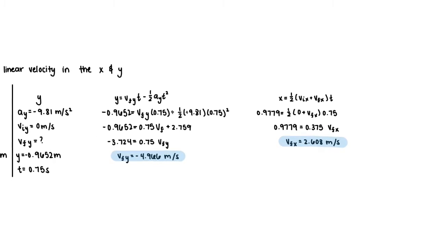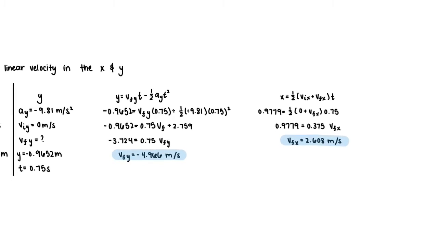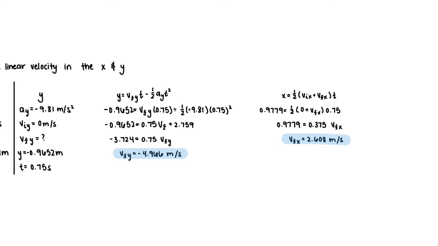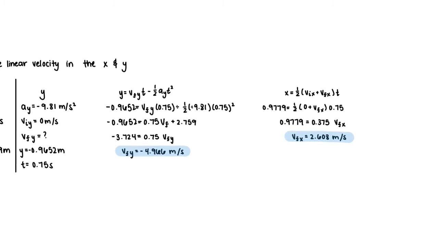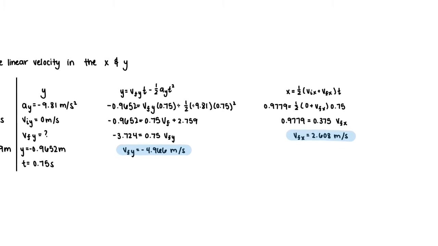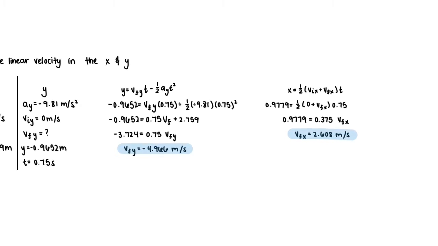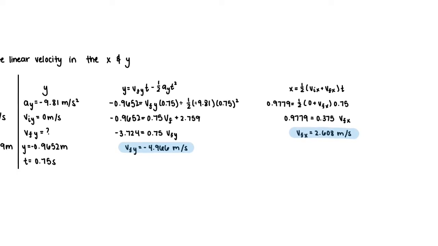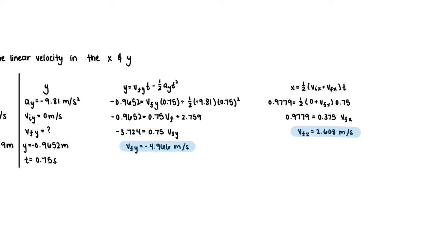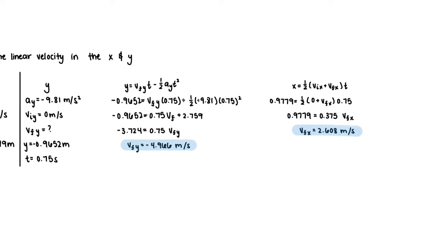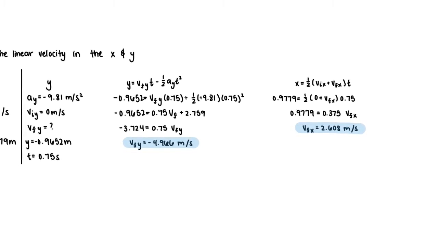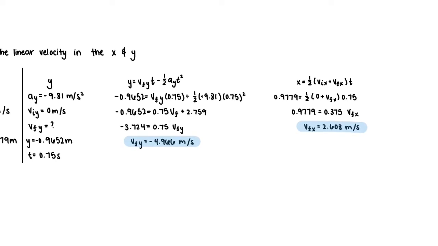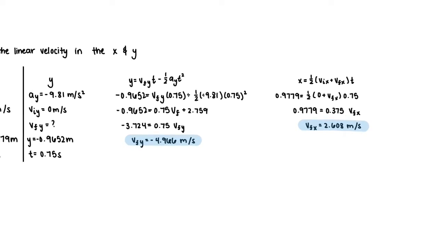Step 3 is to find the linear velocity in the x and the y. Using the formulas, y equals velocity final times time minus 1/2 acceleration in the y times time squared, and the other equation, x equals 1/2 (v initial plus v final in the x) times time, you can find the final velocities.